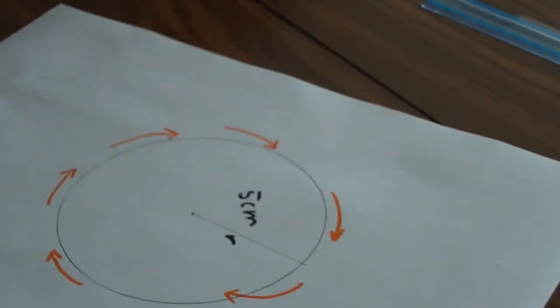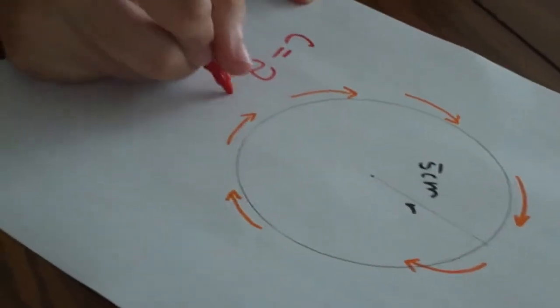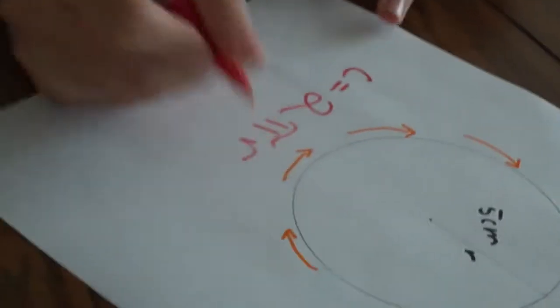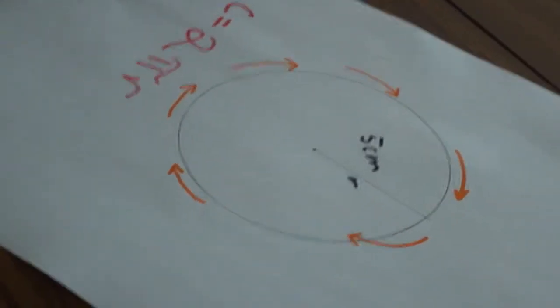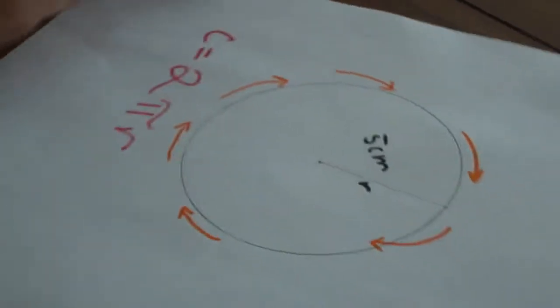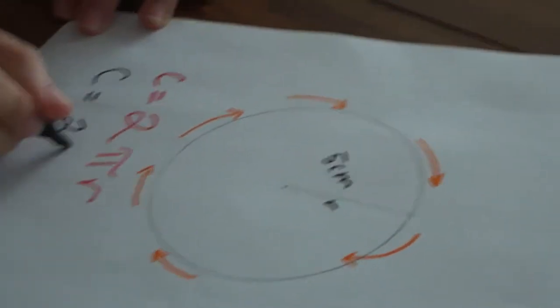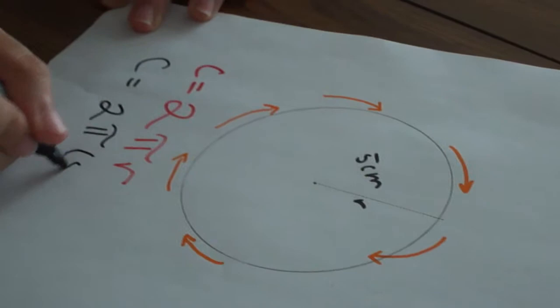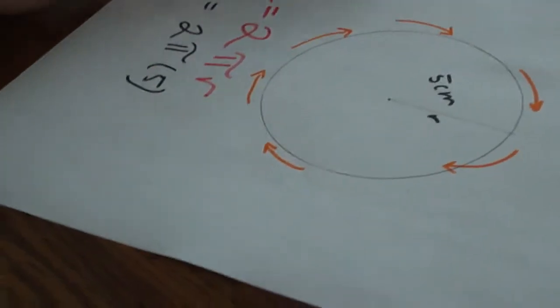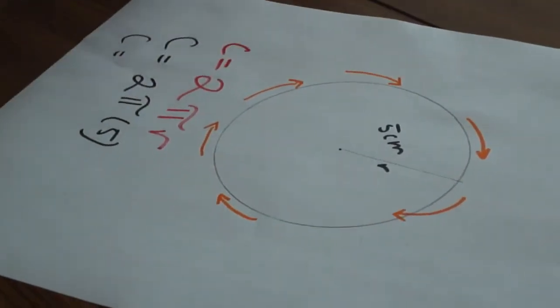Our circumference equation is going to be C equals 2 pi r. The r is going to be the radius. In this equation, we're going to plug the 5 in instead of the r, and see when we use a calculator, 2 times pi times 5 becomes approximately 31.4.